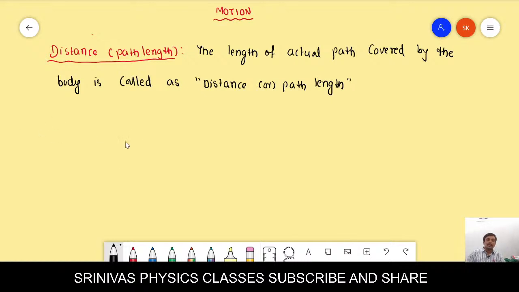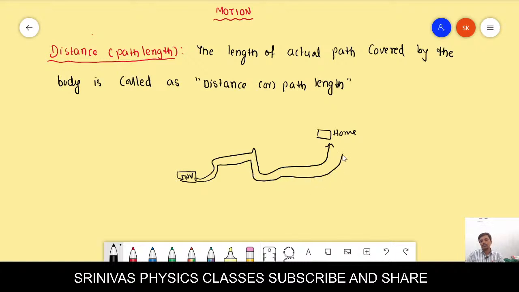Actual path means, for example, this is JNV, our Jawahar Navodaya Vidyalaya. This is your house, and this is the way to travel, some way to reach your home. This is the road along which you should travel in order to reach your home.